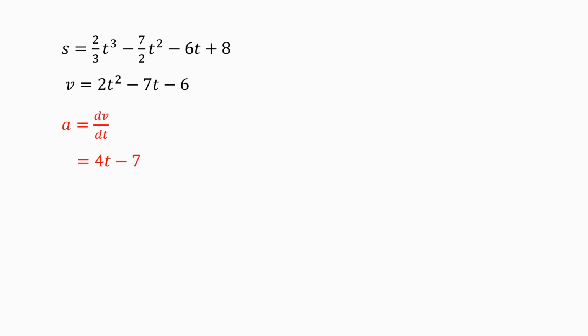So it is 4t minus 7. The acceleration function is 4t minus 7. Then we need to find the acceleration when t equals 4. So we substitute t by 4, which is 4 into 4 minus 7, becomes 16 minus 7, which equals 9 meters per second squared.